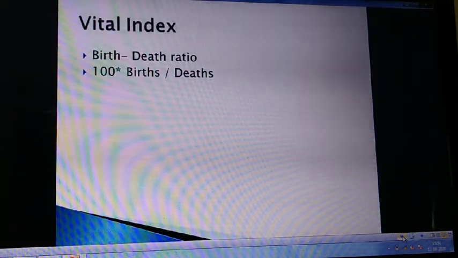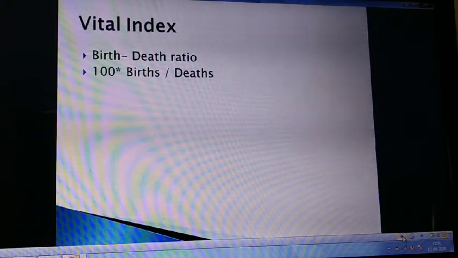Now a term comes, vital index. It is the ratio between the births and deaths, that is the number of individuals taking birth divided by the number of individuals dying off. When multiplied by 100, we get the vital index.